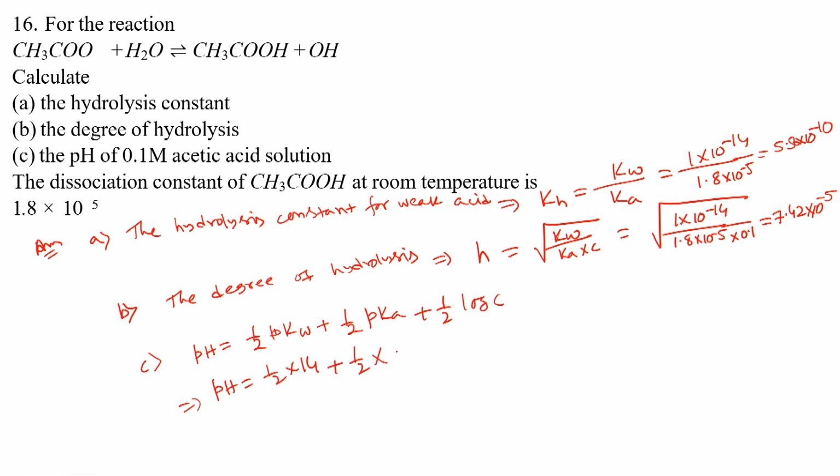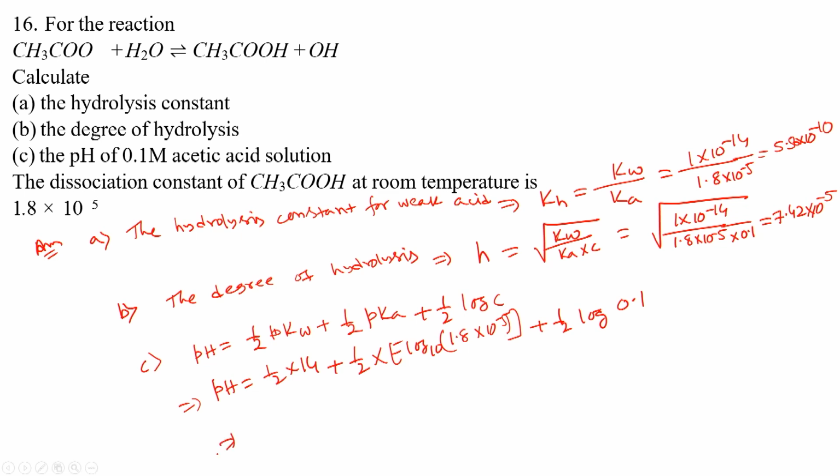Ka is given, 1.8 times 10 to the minus 5. This is value of Ka, not pKa. So from Ka, we take minus log 10 base 1.8 times 10 to the minus 5, which is the value of pKa, plus half log C. Value of C is 0.1.